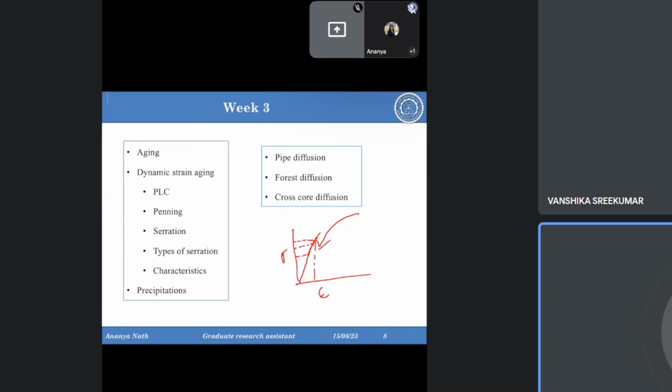So upper yield point means you can see from here the stress is increased. Strain is always increasing, but when the upper yield point is there, the stress will start decreasing. It means the solute atoms have locked or pinned down the dislocations.